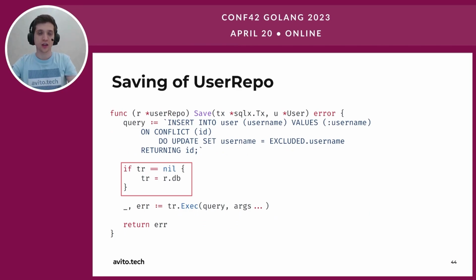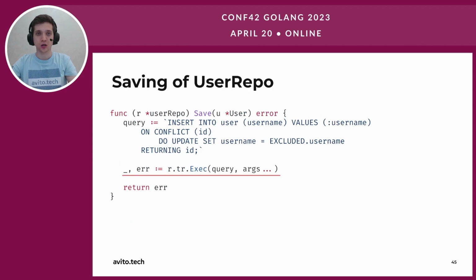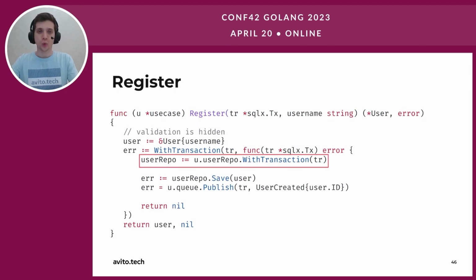The code in the get and save methods will change slightly. We replace one if condition with a single line. Nevertheless, I am eager to see how our use case would look after updates. We call this transaction repository method, and then the use case is not changed.